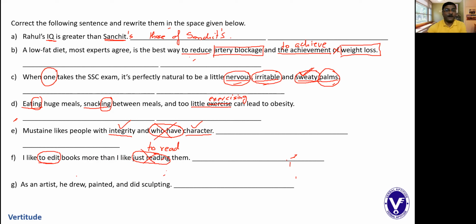Right? As an artist, he drew, I'm sorry, painted and did sculpting. Look, here he drew, simple past, painted, simple past, and did sculpting. So that's an error here. So it should be and sculpted. Then it becomes simple past and the structure becomes parallel. Clear?